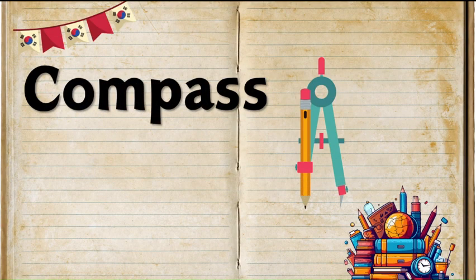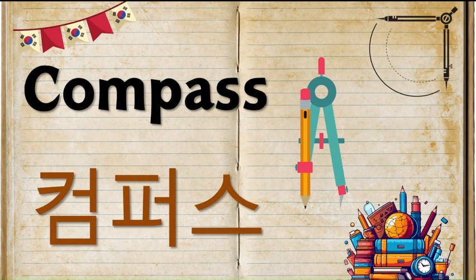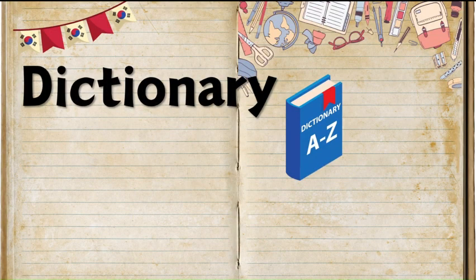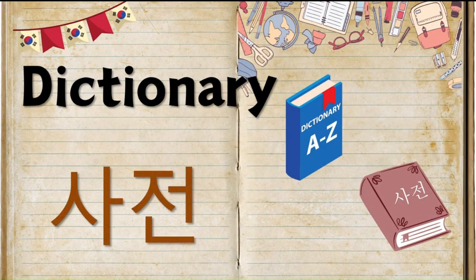Next comes the Korean word for compass, and that is compass. Again, compass is a Korean word that has been borrowed from another language, meaning a loan word. Next comes the Korean word for dictionary, and that is 사전.